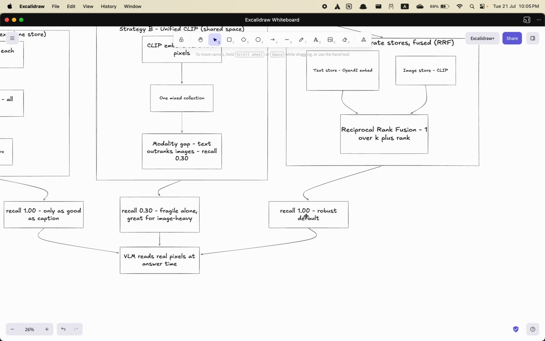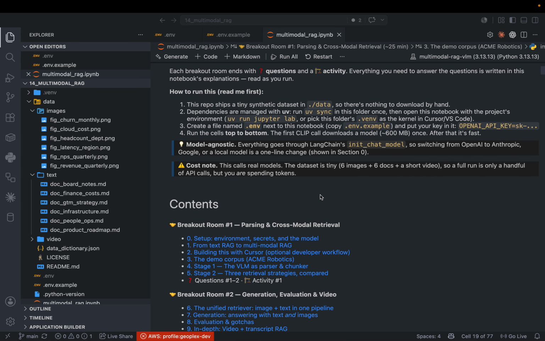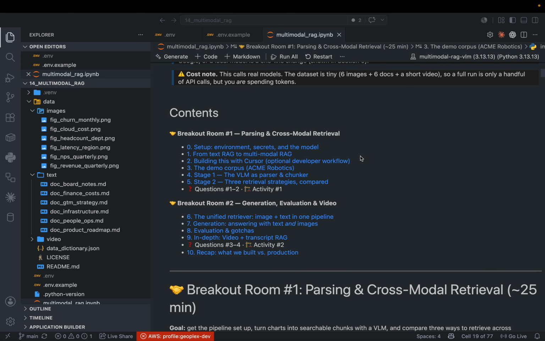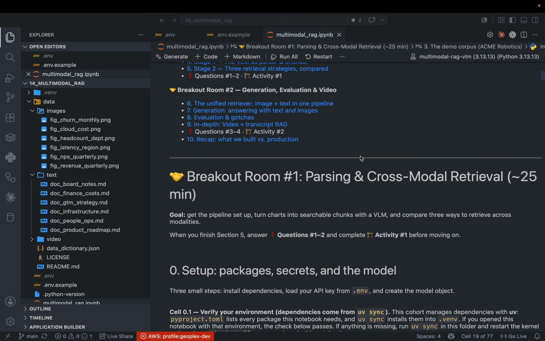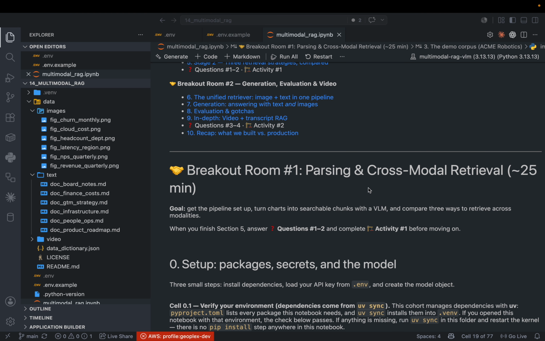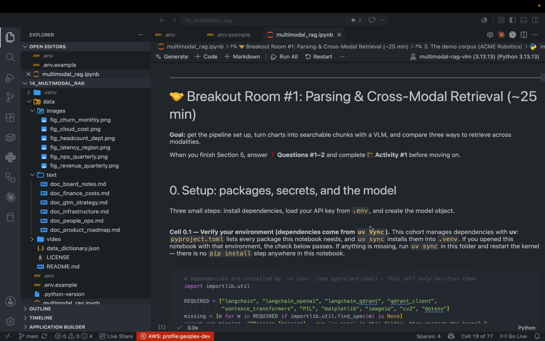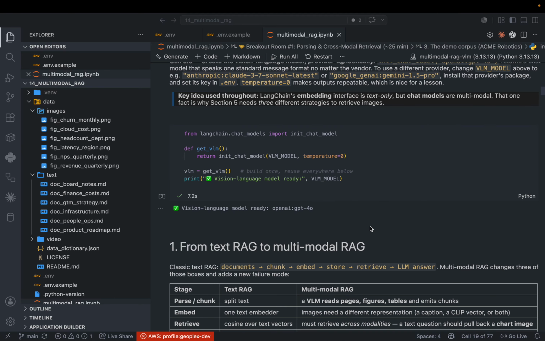But let's jump to the actual workbook we went through. In the first section, we went through parsing and then the cross-modal retrieval. Here we have our setup.